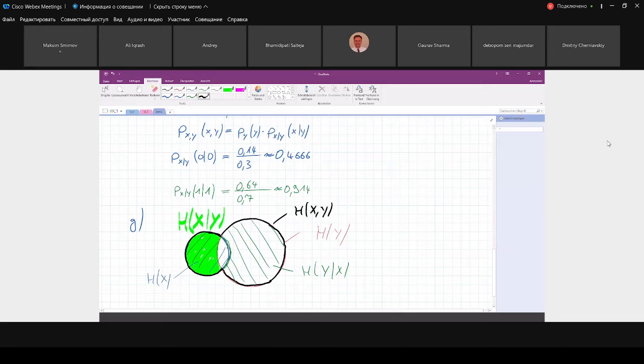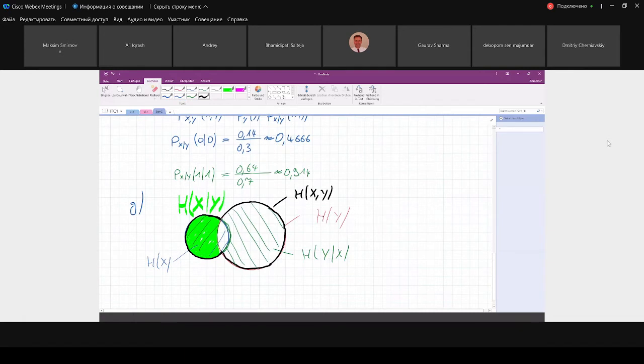Then it's easy to calculate these values if we know the joint entropy. If we know the joint entropy, we can calculate, say, this one, h of y given x.